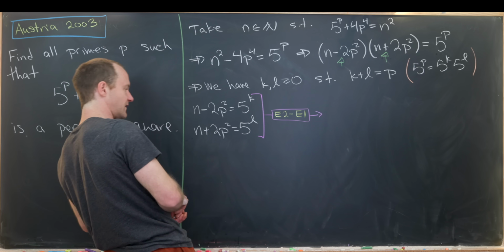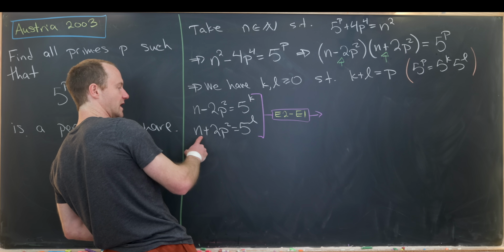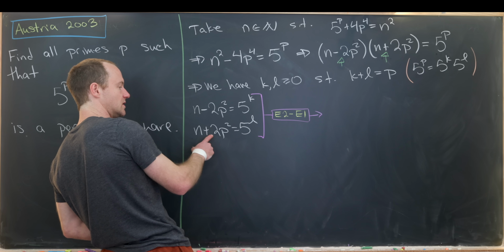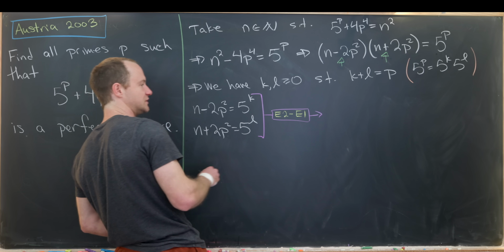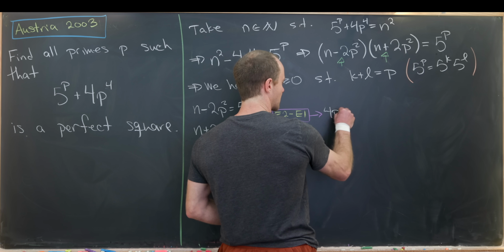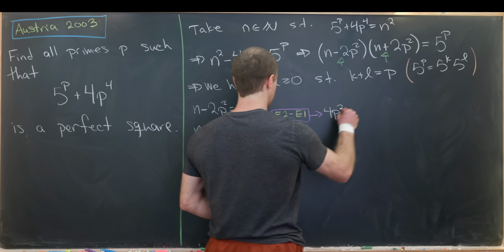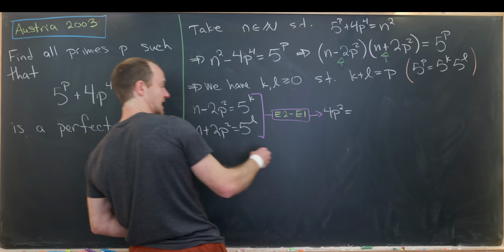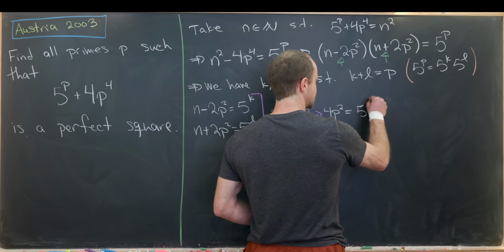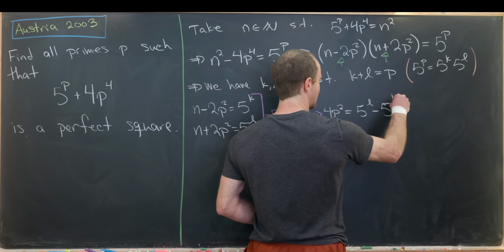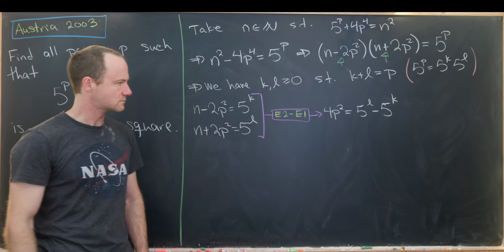And that'll give us the following equation. So n minus n is 0. 2p^2 minus negative 2p^2 is 4p^2. And then over here on the right-hand side, we'll have 5^l - 5^k.